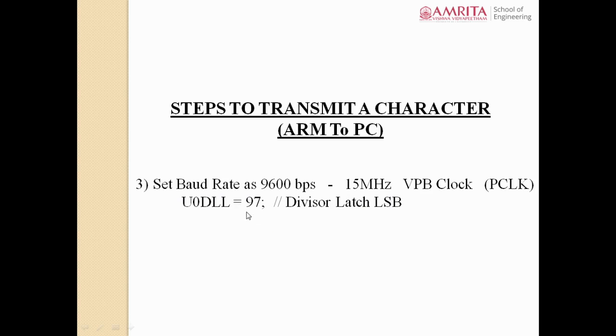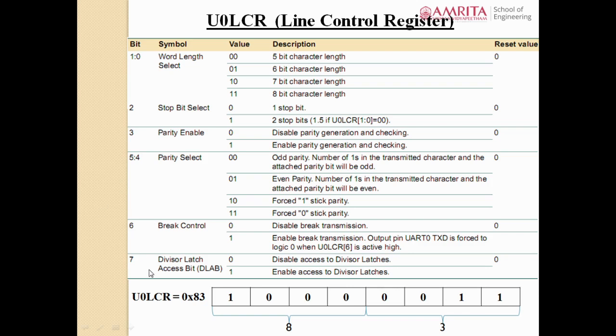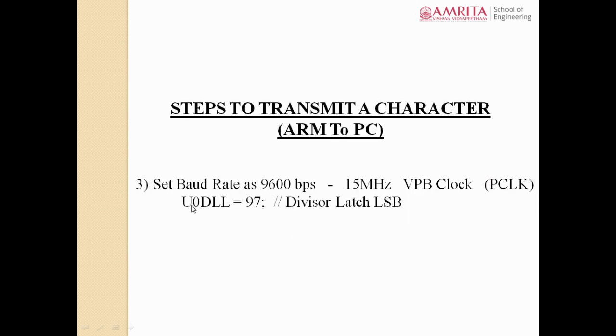So for configuring 9600 bits per second, provided the peripheral clock is 15 MHz, you should configure the U0 DLL register as 97 in decimal. I have told you about another bit known as the divisor latch access bit. What is the use of this bit? In this step I told you that you need to write the value 97 into DLL.